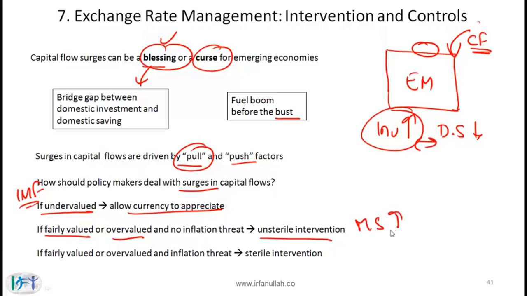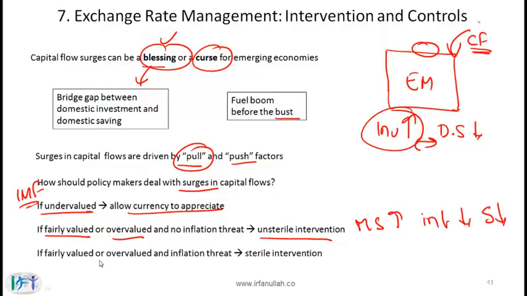Expand the monetary base. The expansion of the monetary base will cause interest rates to go down, and if interest rates are going down, then money will flow out, and that will put a downward pressure on the exchange rate.